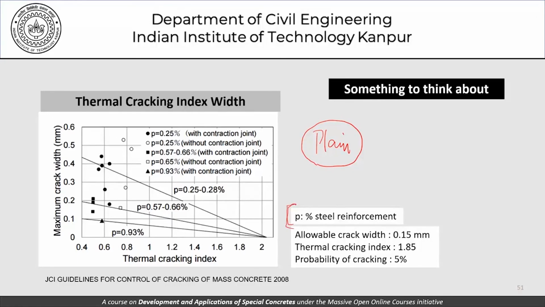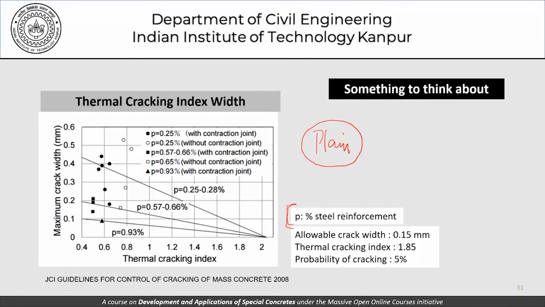And when it is reinforced concrete and P is the amount of steel reinforcement, then we really have to think about what happens to crack width and how do we control crack width, thermal cracking index, and how do we attack the problem of maximum crack width and thermal cracking index.